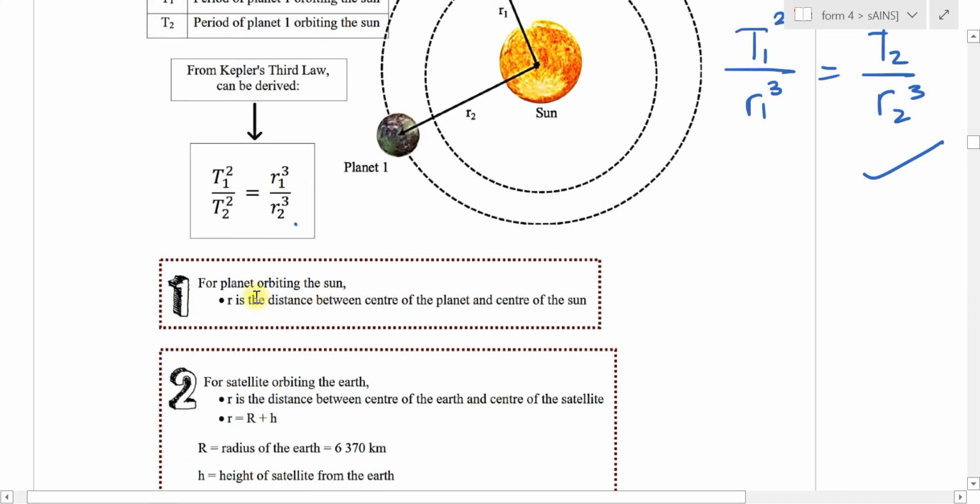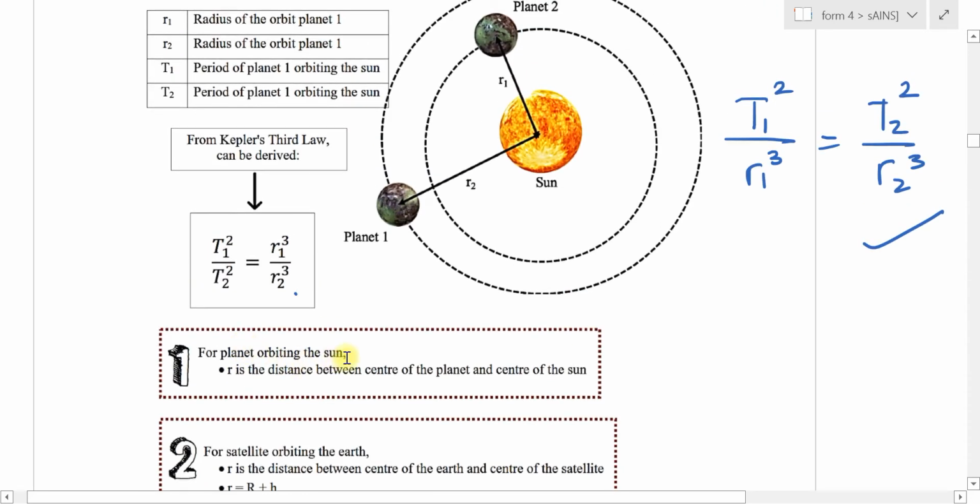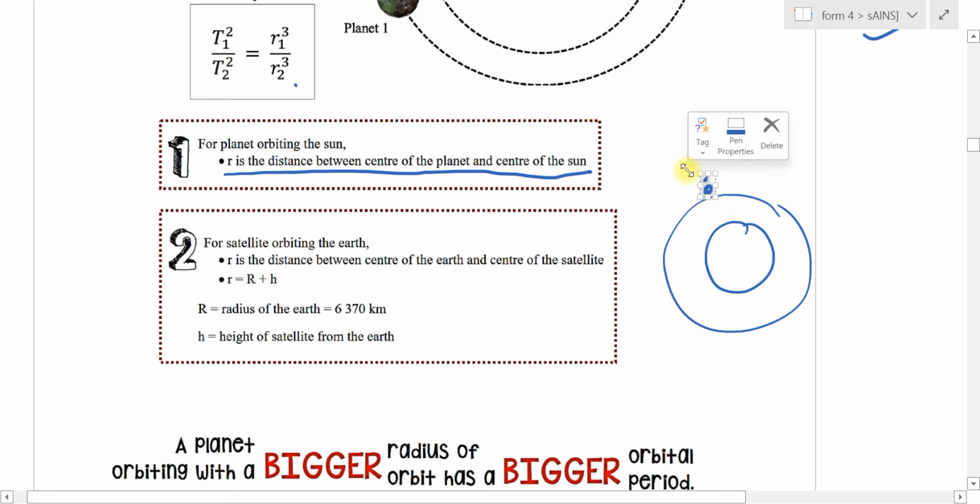For planet orbiting the sun, R is the distance between the center of the planet and the center of the sun. Mestilah the orbital radius lah. Okay. Kalau satellite dengan Earth, kan sometimes Earth di sini, satellite dia jauh sikit kan. So satellite dia mungkin jauh dari orbit yang biasa.